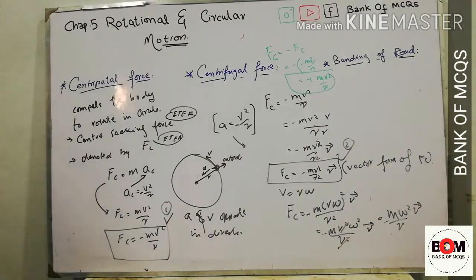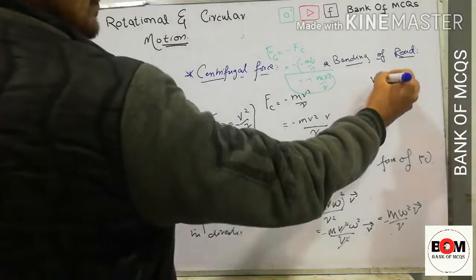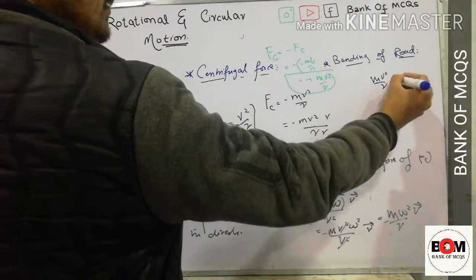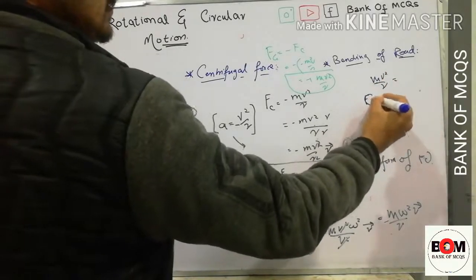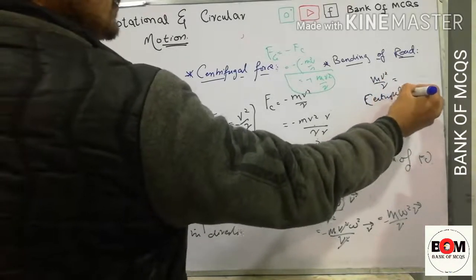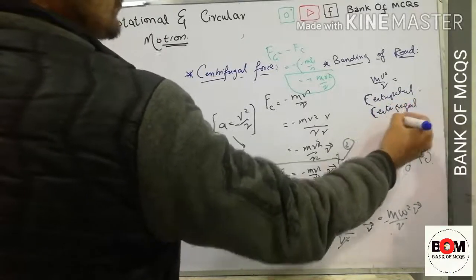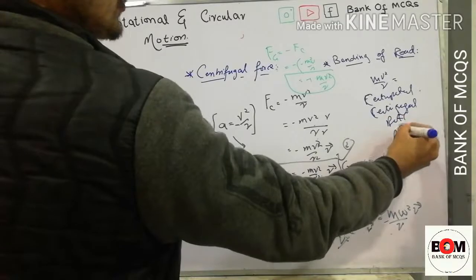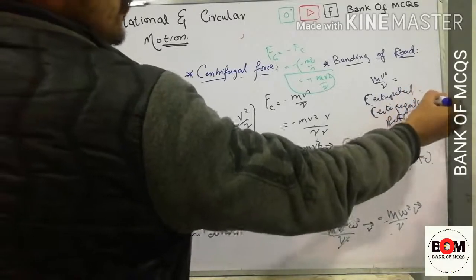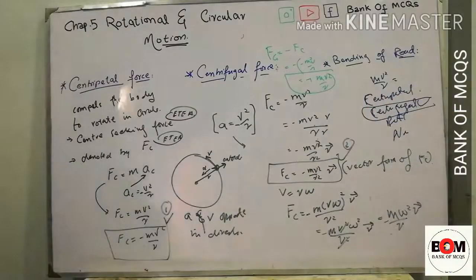So it can come in the exam that mv square by r is equal to centripetal force or centrifugal force; it is centrifugal force, not centripetal force.